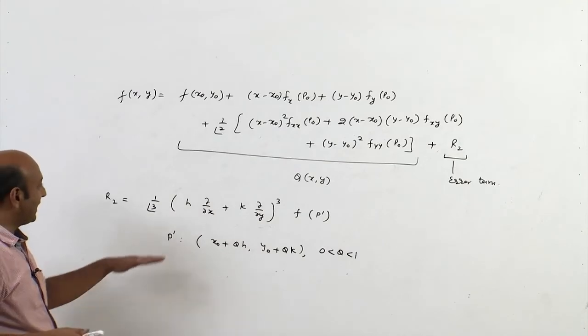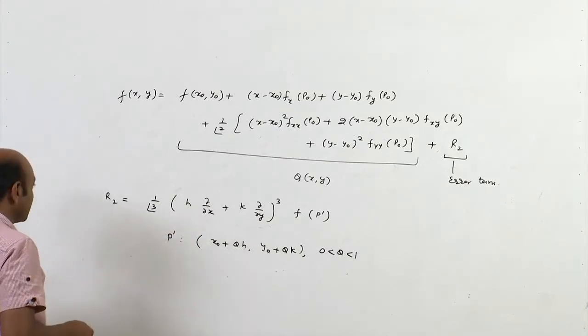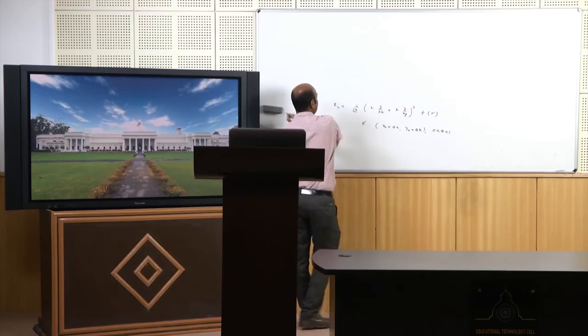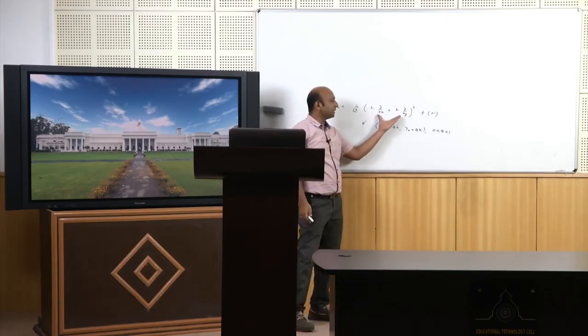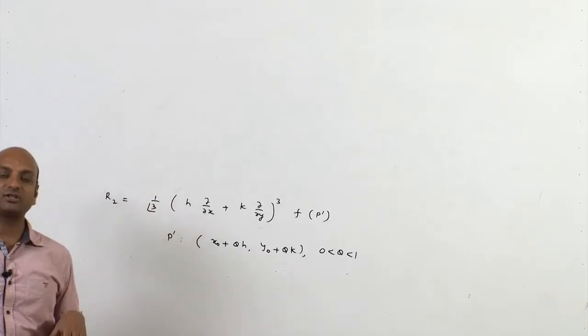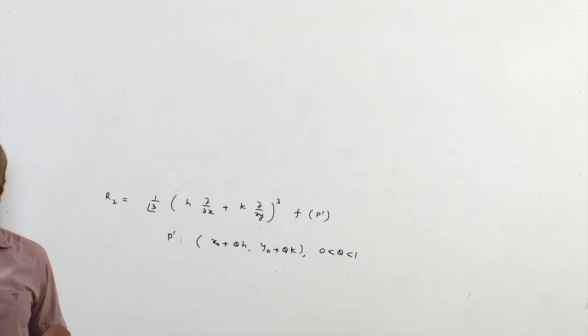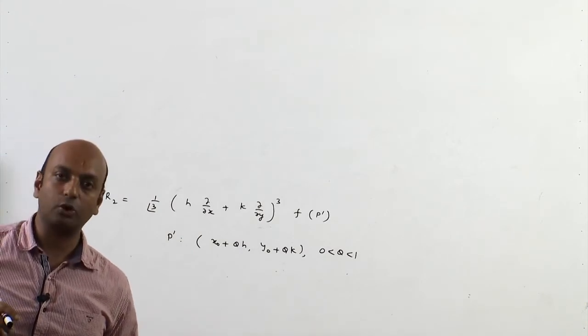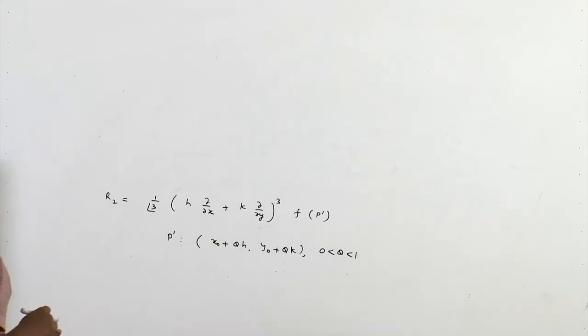So, how can you find the error term? Let us discuss this. First, you expand this term and then you replace h by x minus x naught and k by y minus y naught. Okay. So, how will we do that?